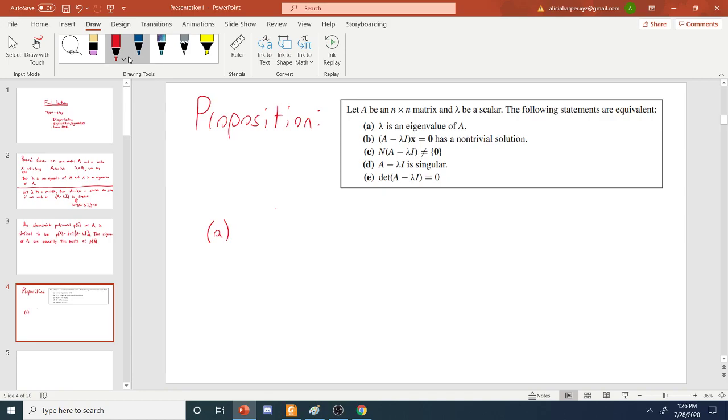Let me show that A implies B. Well, if lambda is an eigenvalue, then A minus lambda In times x has to be equal to 0 for the associated eigenvector.